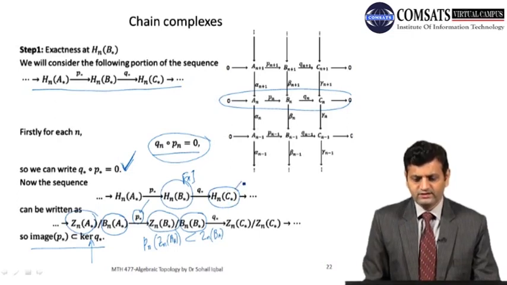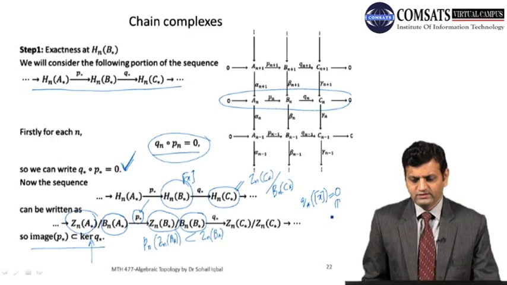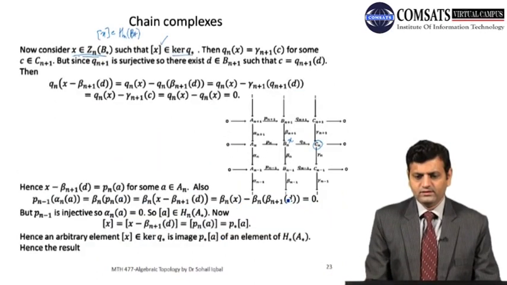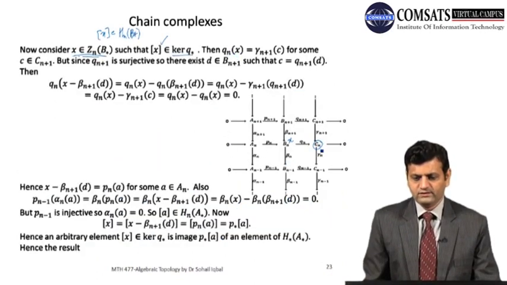Now let's see what Hn of C star is. This is equal to Zn of C star quotient with Bn of C star. If I say that when I apply Q star on an element X it is equal to 0, and this 0 belongs to Hn of C star, in other words, I am saying that the image belongs to this Bn of C star. So once again Qn of X must belong to the boundary.